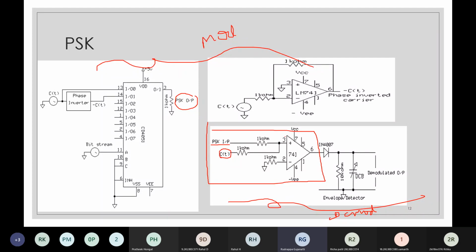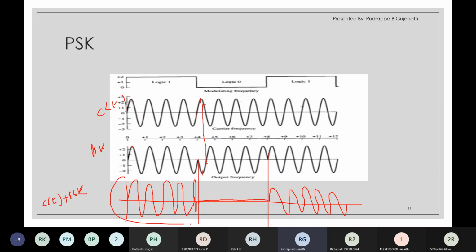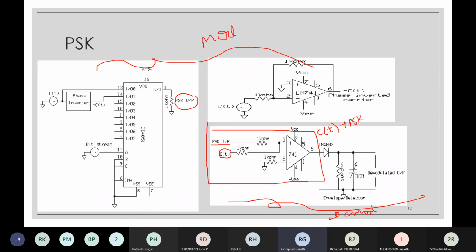So when we add that, what happens is we will be getting the addition of C of T plus the PSK signal. That is, we will be getting this waveform. This is the result of the addition. So this is adder implemented using the op-amp.